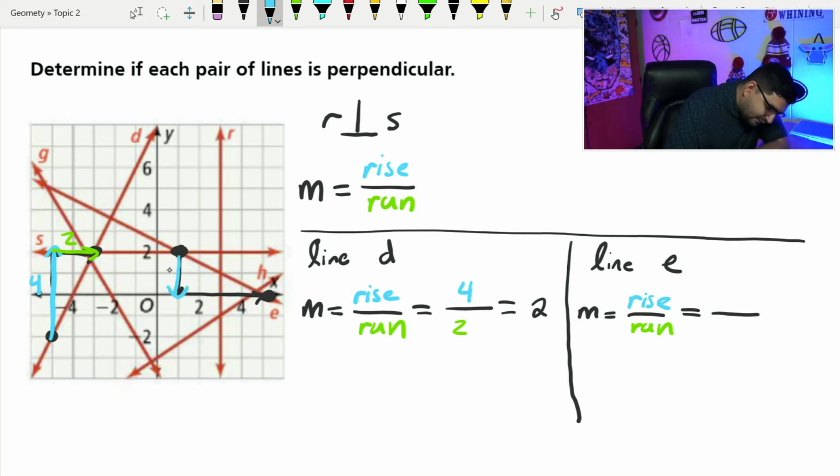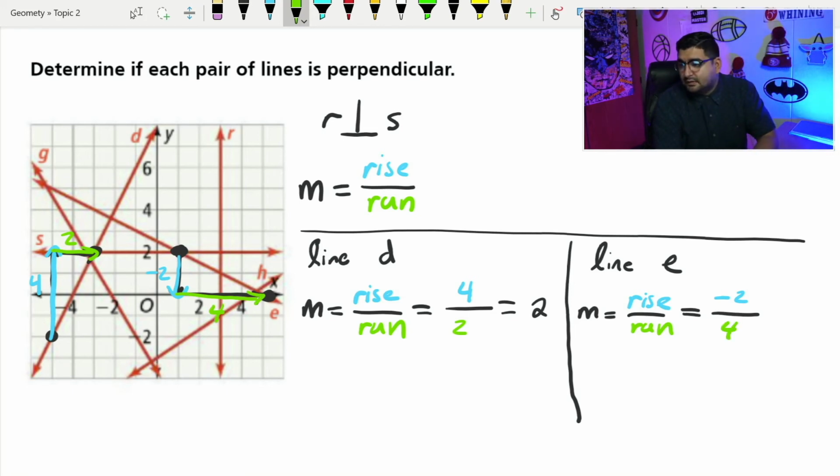Because it went down 2 spaces, it's a -2. And it ran, in this case, for 4 spaces. So I'm going to have a 4 here. Okay. Simplifying this, I would get a -1/2.